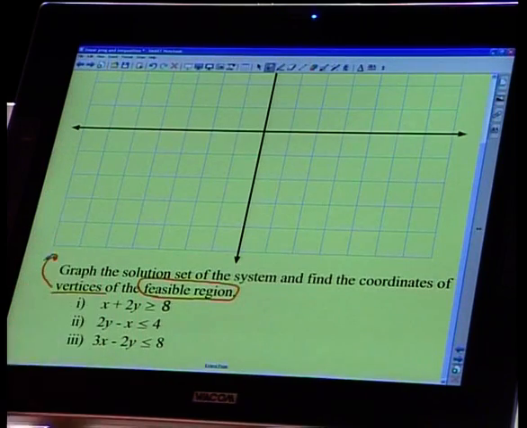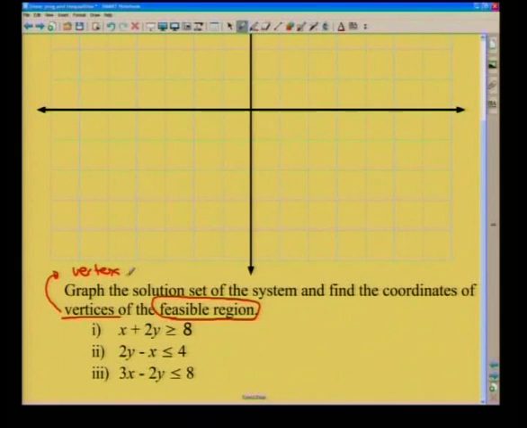What are vertices? Well, vertices are where two lines cross each other. That point is a vertex, or vertices for plural. So you might have heard them talk about a vertex, singular, and vertices, plural, but it basically means where two lines would meet. So that would be a vertex. Okay, so that's what we're heading for in a moment.